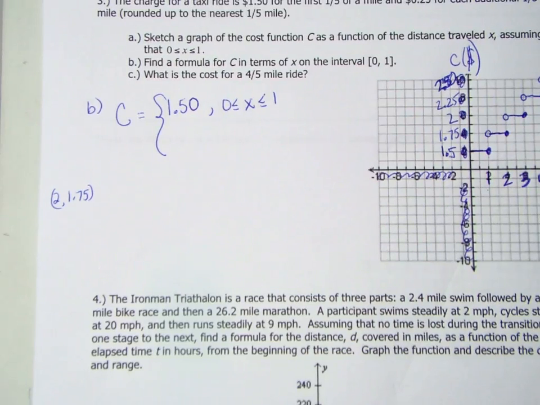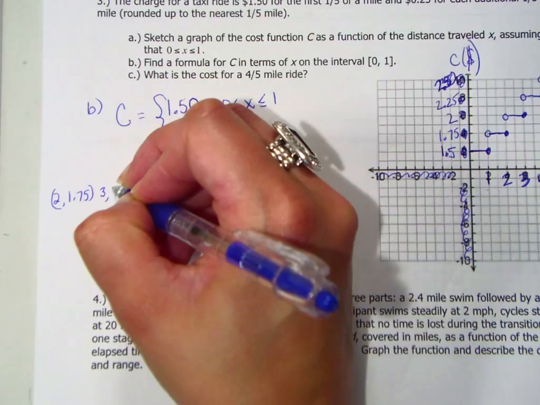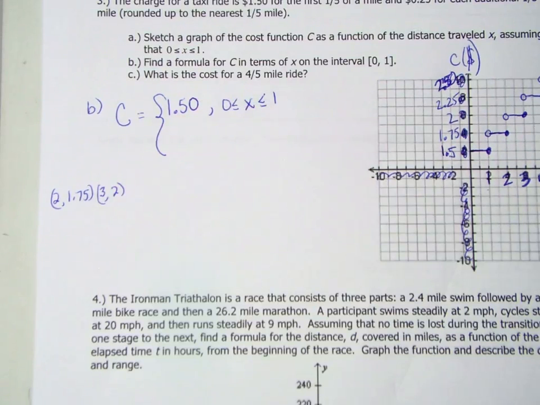Would you agree with me? Okay. I know if I'm going 3/5 of a mile, my cost is $2. Agree with me there? So I'm just, again, picking 2 ordered pairs, 2 coordinates from within that second interval. Find your slope, write your equation. Okay?